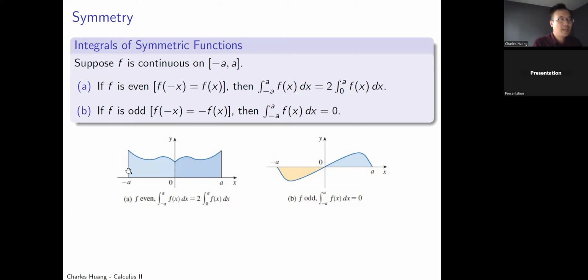Then if I go to -3, the y value will be the same. So -3 will give me the same y value as +3. And in these type of even functions, we call them even, you will see that the function is very symmetrical on both sides. Okay, so it will look like a butterfly.